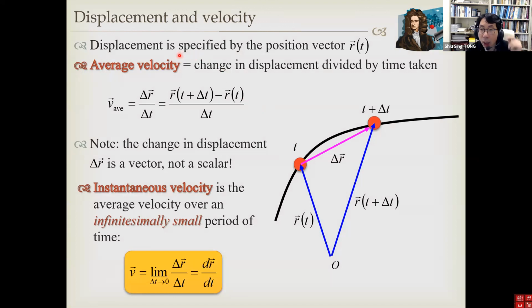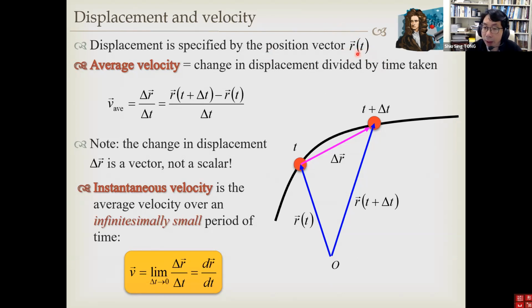Well, we describe the displacement. We specify the displacement of a particle by using the position vector r. Now we write r(t) because what we mean is that the position is a function of time.